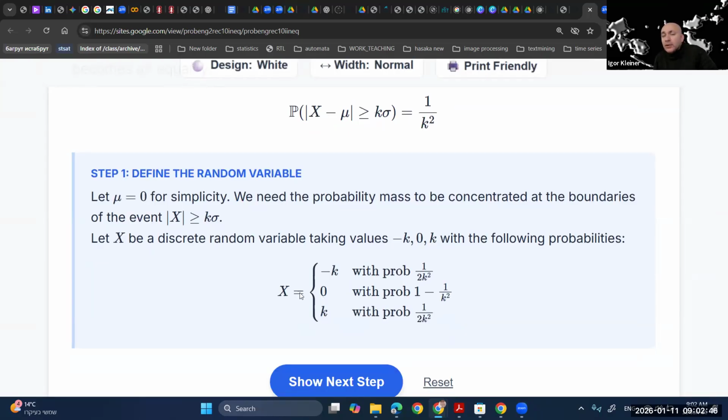And now it's enough to check that for this random variable, the Chebyshev inequality is an equality. That's all. This is the final thing we need to check.